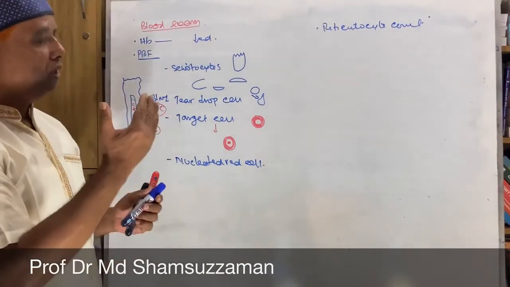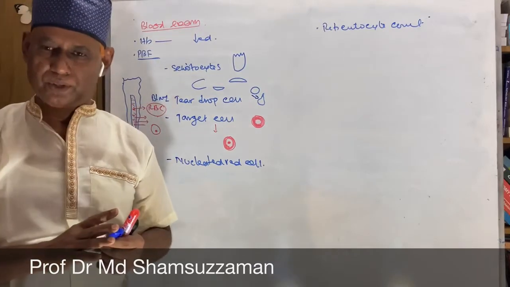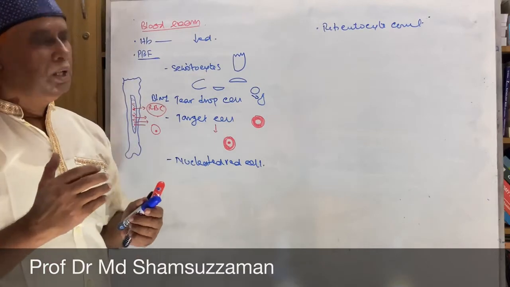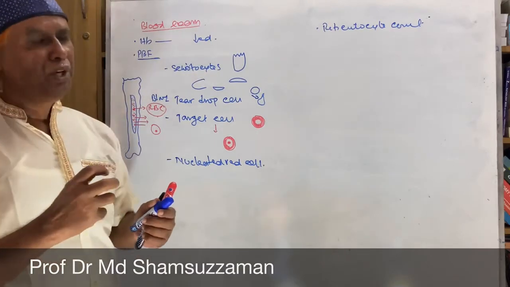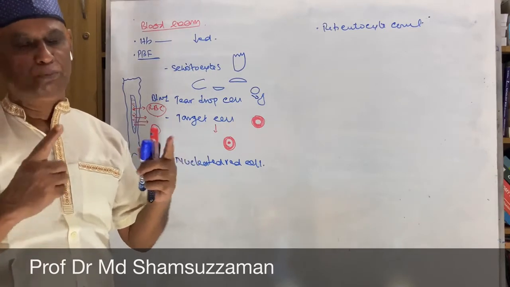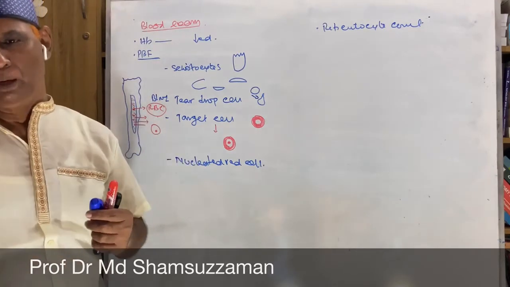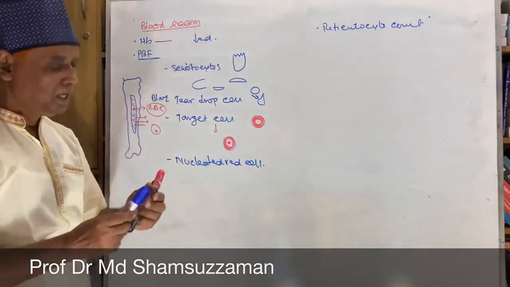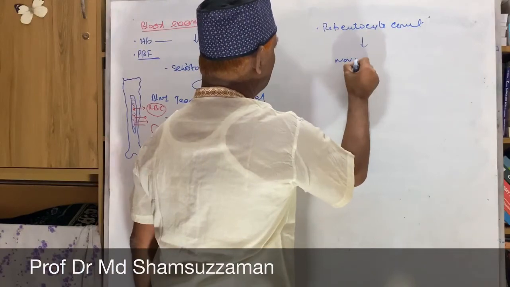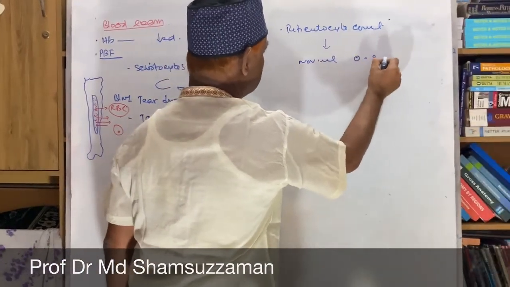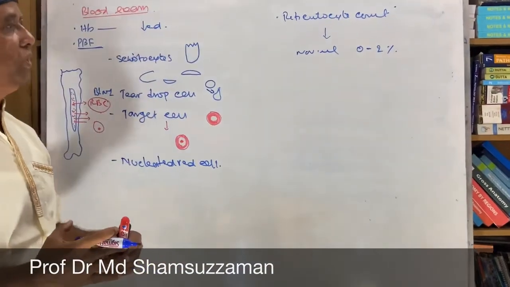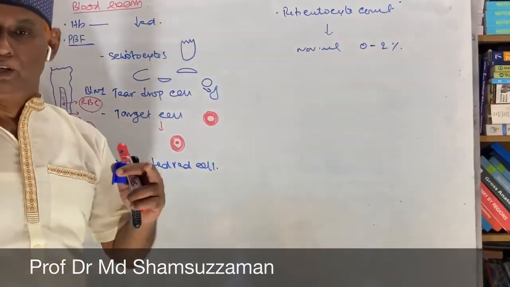In erythropoiesis, after the extrusion of the nucleus from the nucleated red cell, the cell becomes a reticulocyte, and from the reticulocyte, mature RBC comes out. Normally in our blood, the normal count of reticulocyte is 0 to 2%. So among the RBC, 0 to 2% are reticulocytes.